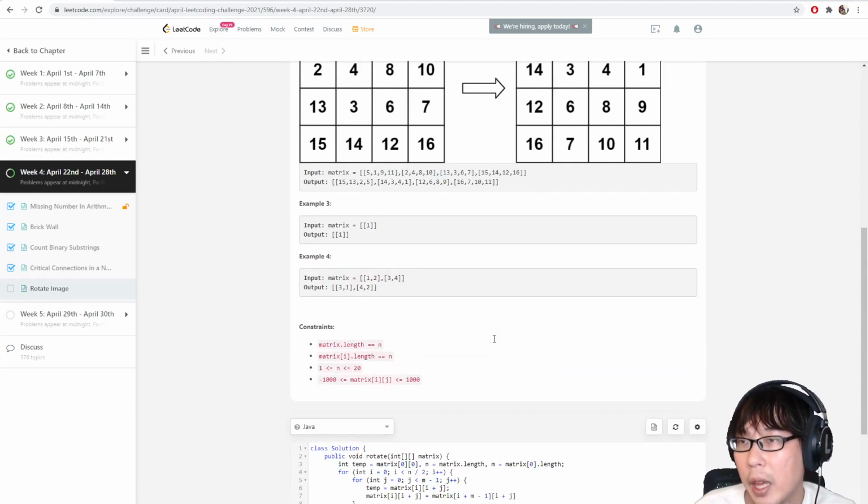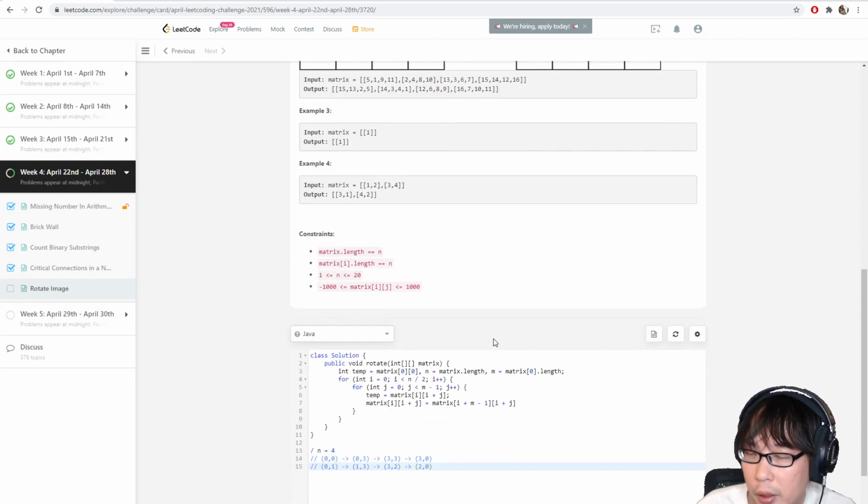Can I find a math pattern which can represent this?